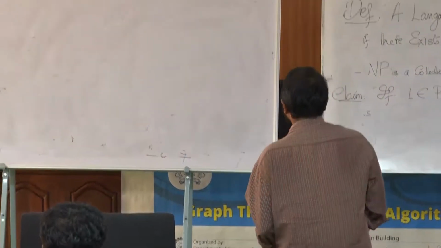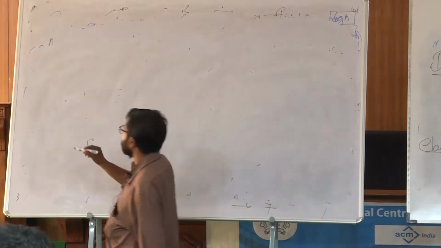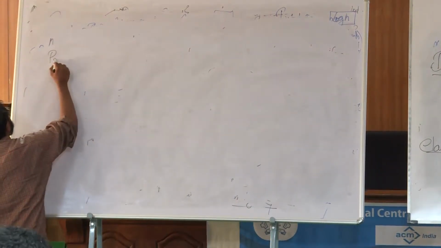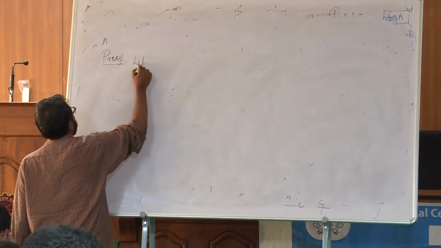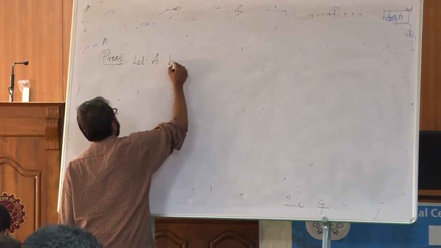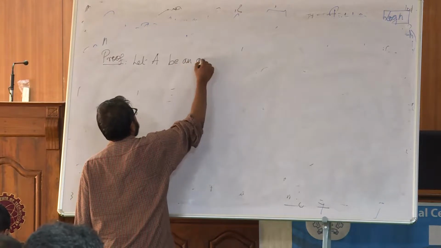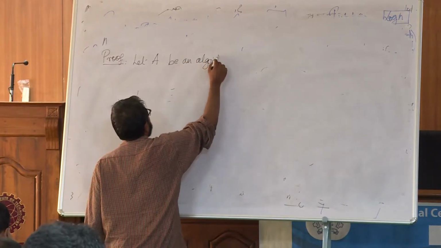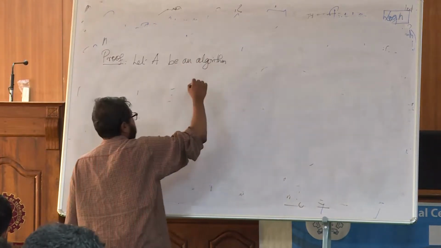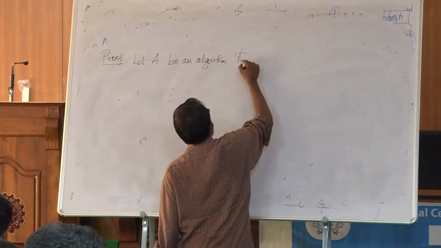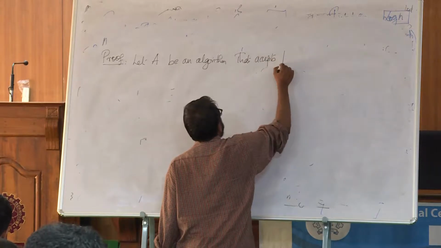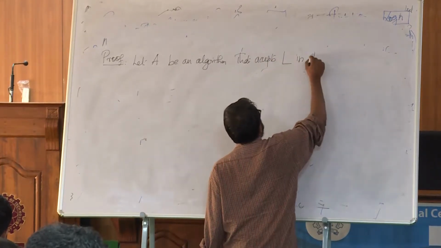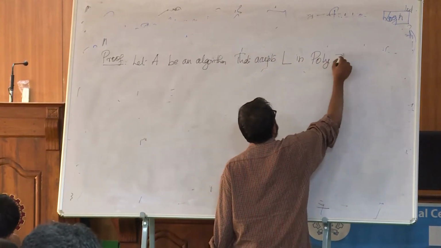Okay, so assume that, proof. Let A be an algorithm that accepts L in poly time.